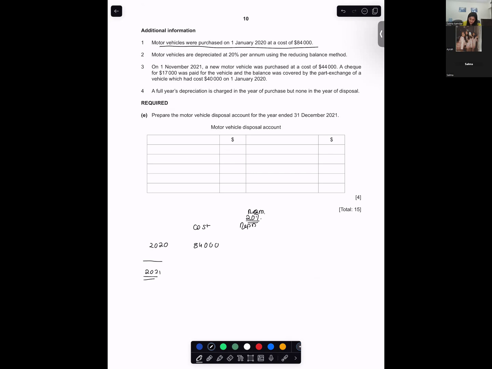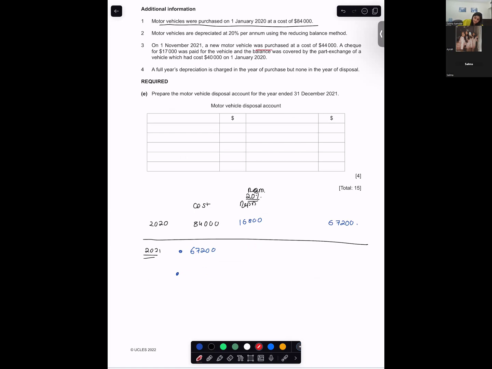So can you give me the depreciation for 2020? You'll do 84,000 into 20%. It's 16,800. Now I have one asset that is 67,200. And in 2021, I have purchased another asset at a cost of 44,000.